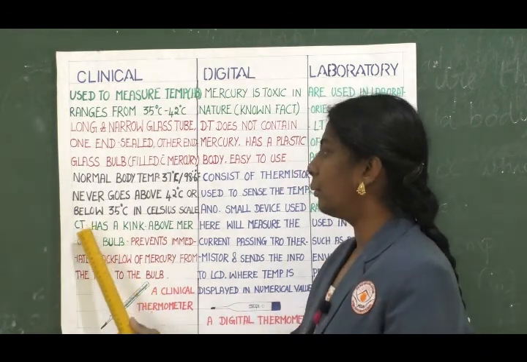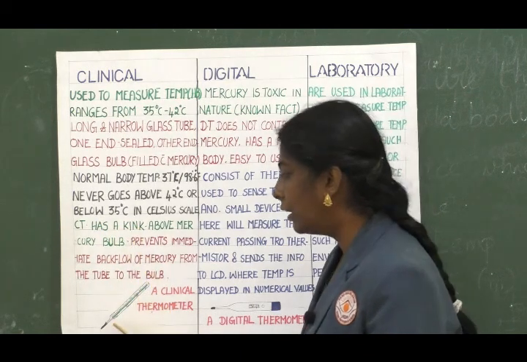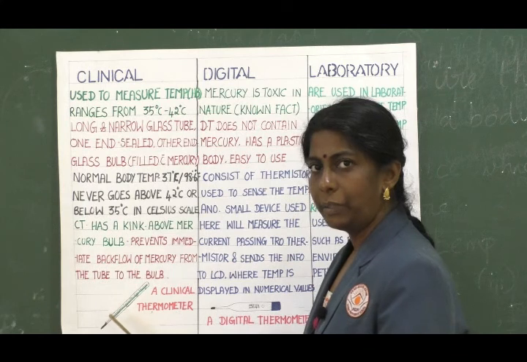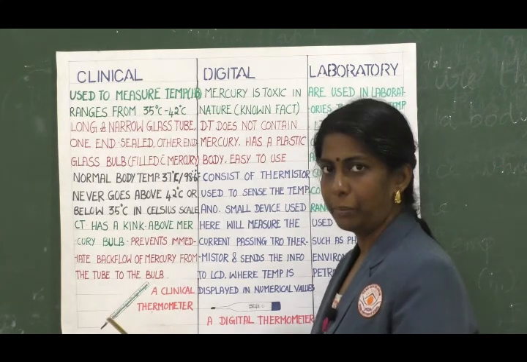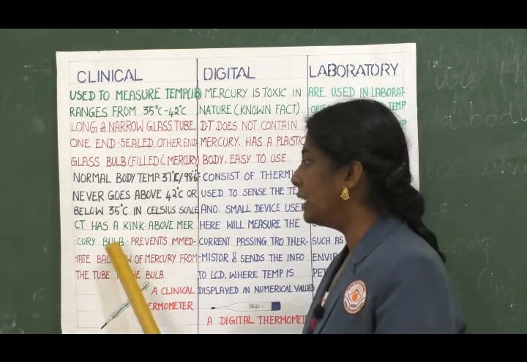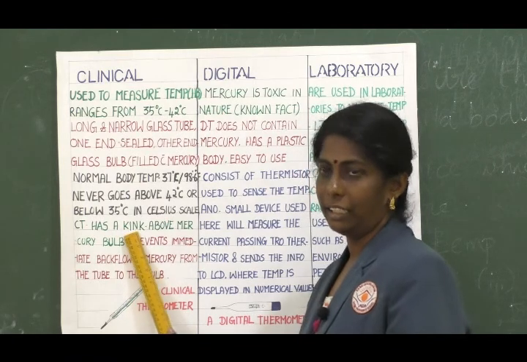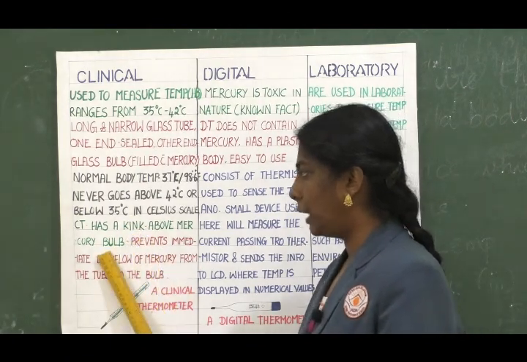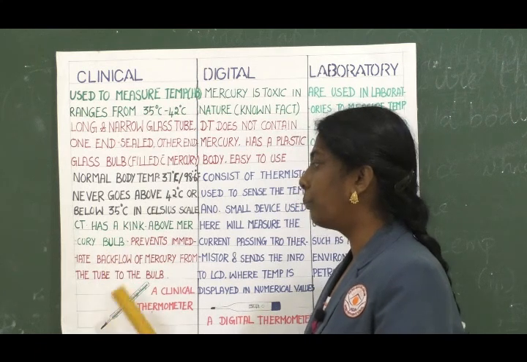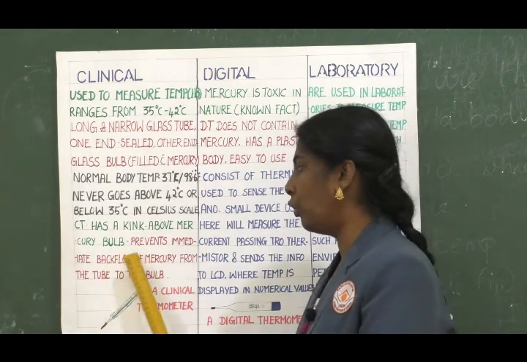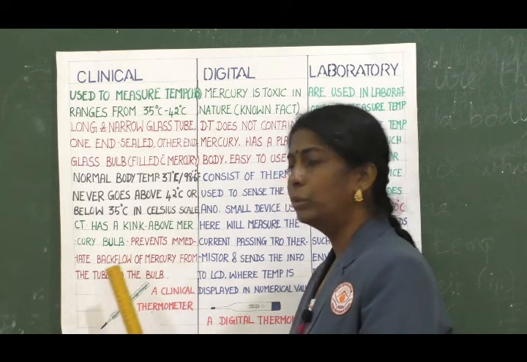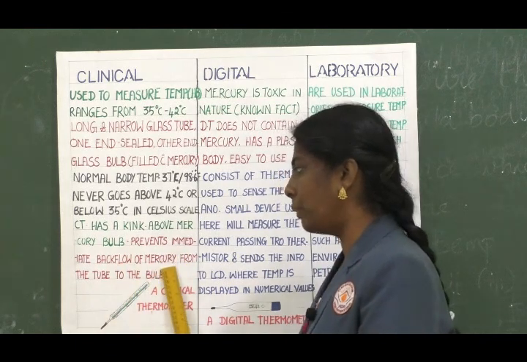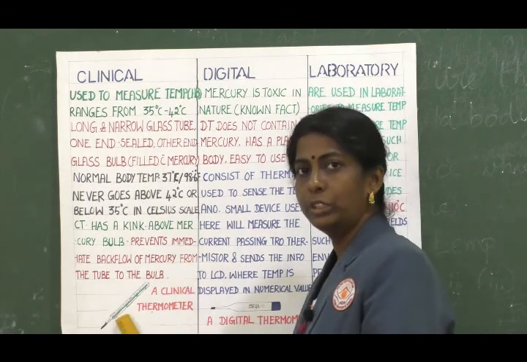Then the clinical thermometer has a kink. Here a circular transparent constriction will be there which is above the mercury bulb. That is said to be a kink, K-I-N-K. It has a kink above the mercury bulb, and this kink prevents immediate backflow of mercury from the tube to the bulb.